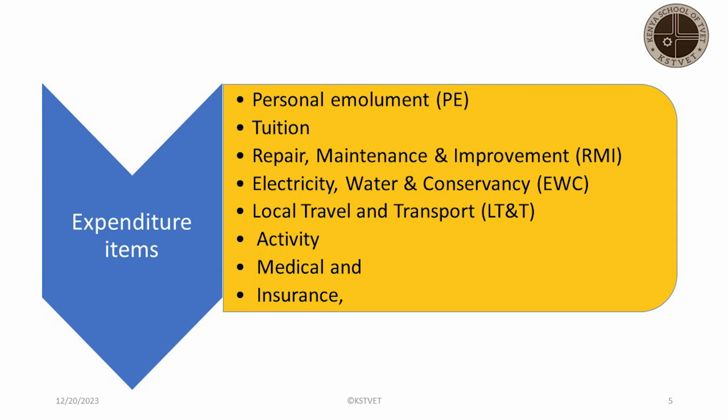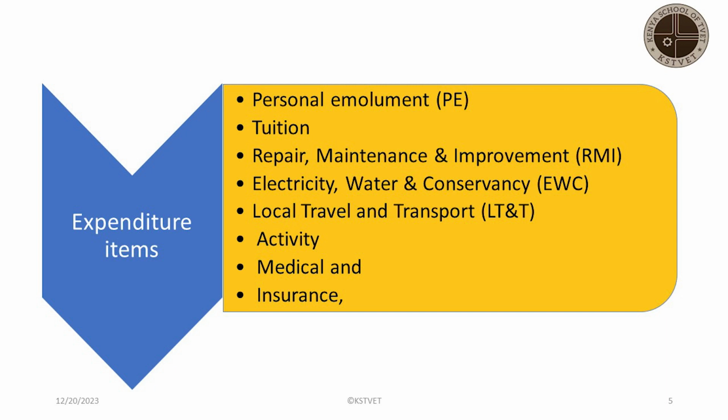In each educational institution, there are many financial obligations. This can range from 1. Personal emolument. 2. Repair, maintenance, and improvement. 3. Electricity, water, and conservancies. 4.